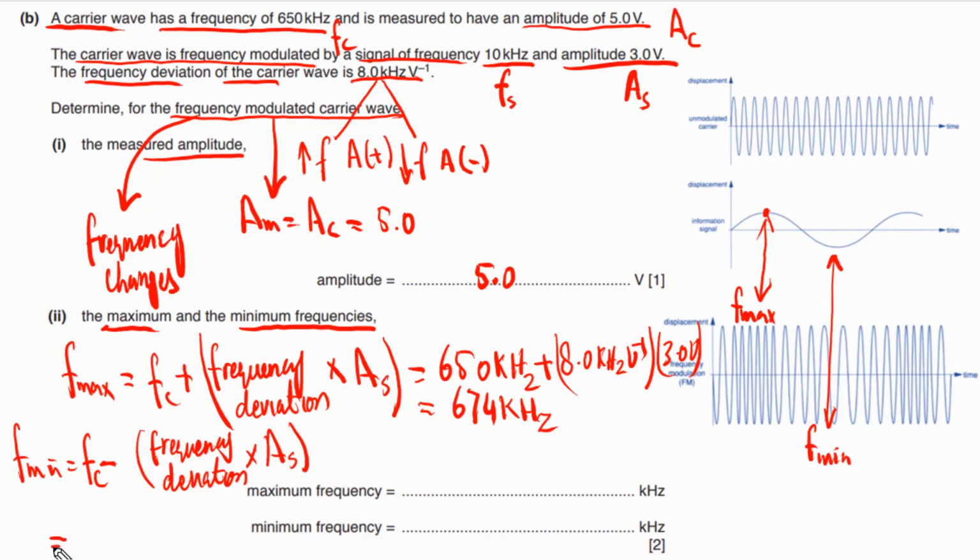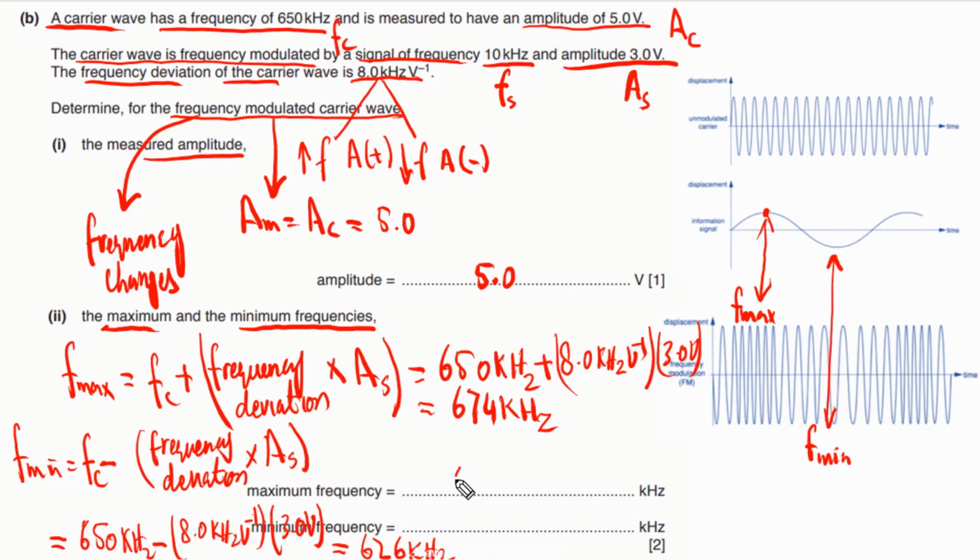So this is 650 kilohertz minus the frequency deviation, 8.0 kilohertz per volt, multiplied by the amplitude of the signal, 3.0 volts, and in this case our answer will be 626 kilohertz.